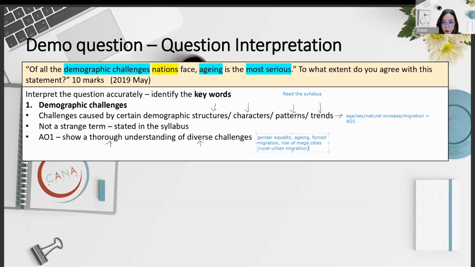So see, if you know very well the syllabus, the concept, the framework of Unit 1, you should be able to figure out that aging is not the only thing that you can talk about in that essay. There are far more. So here is a tip again.